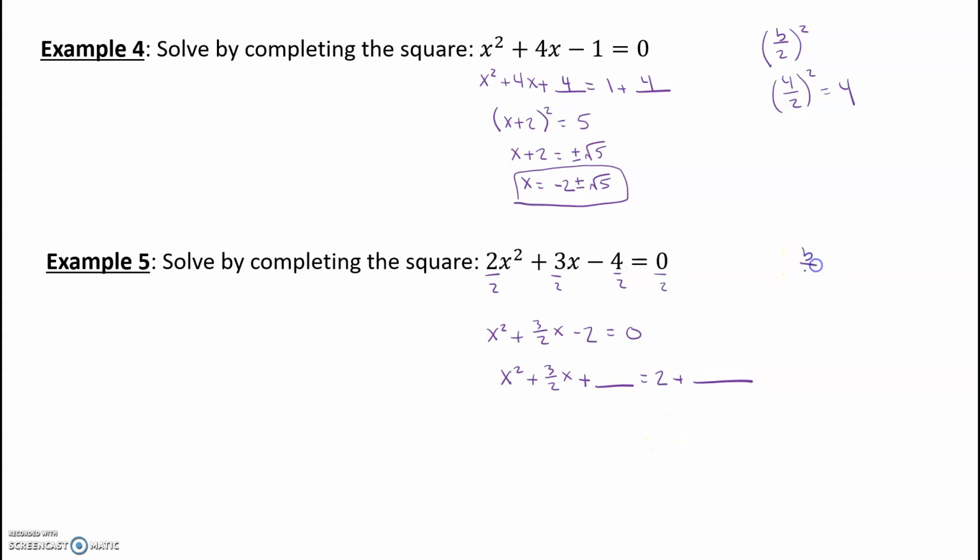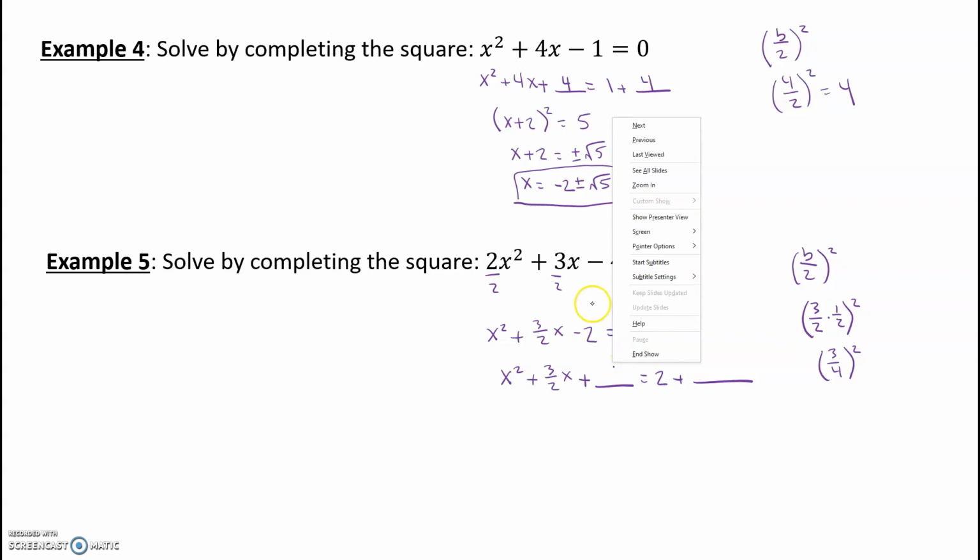It's that b divided by 2 squared. So 3/2 divided by 2 is the same as multiplied by 1/2 squared. So we have 3/4 squared, which is 9/16. So I want to add 9/16 to both sides. Looks pretty terrible here right now.